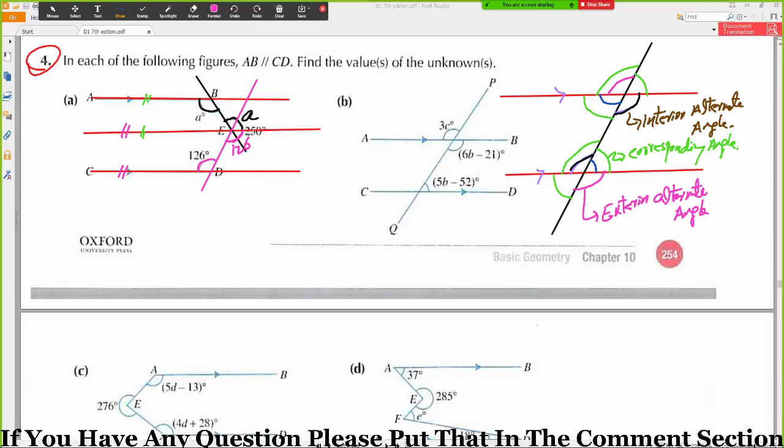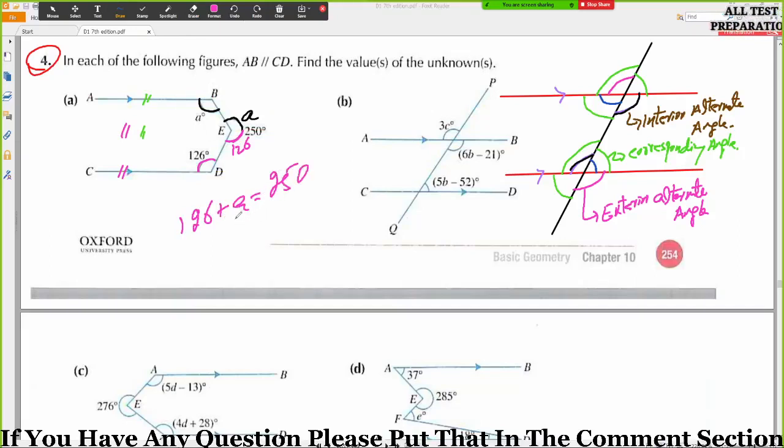So now can I write it like this? 126 plus A is equal to 250. Okay, angle A will be equal to 124 degrees.